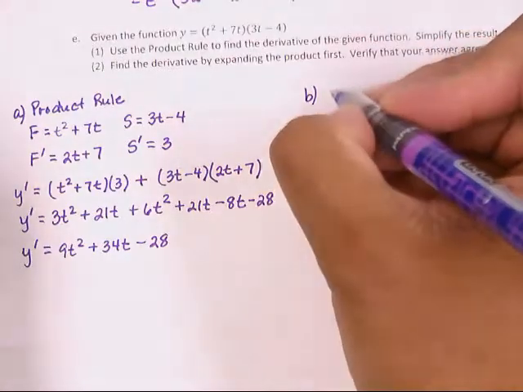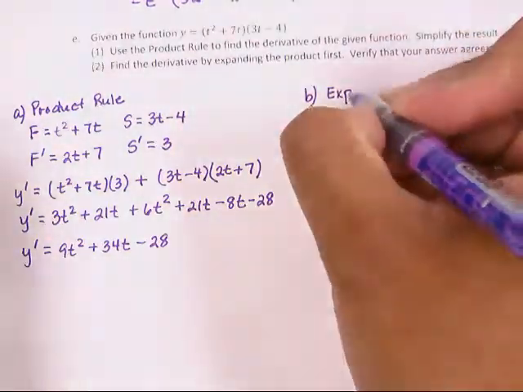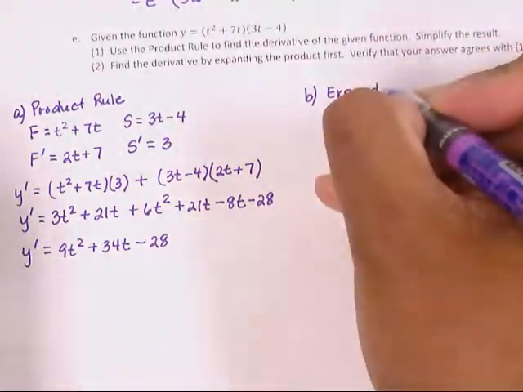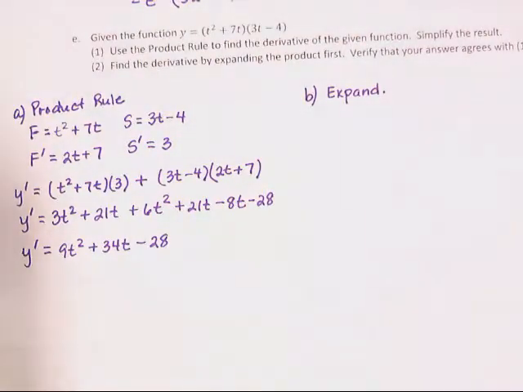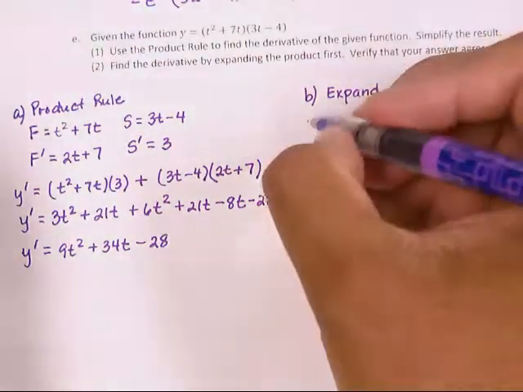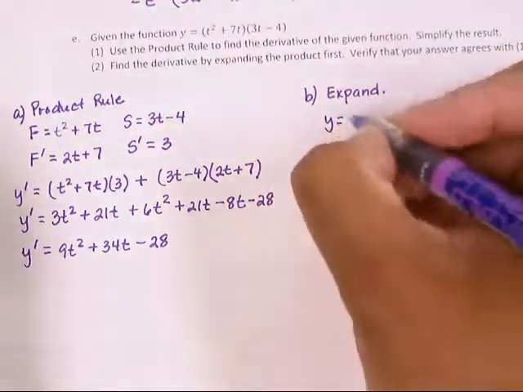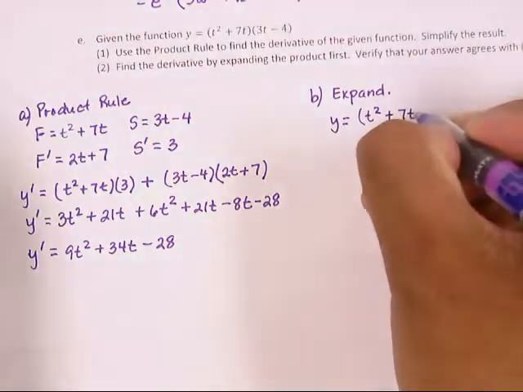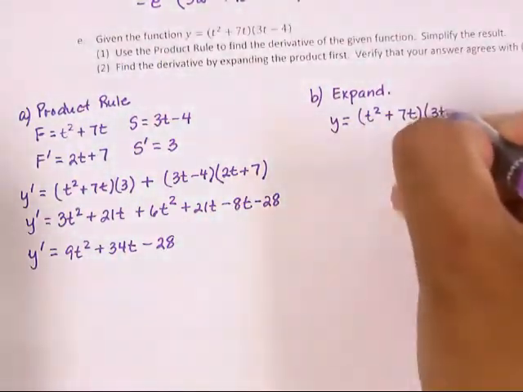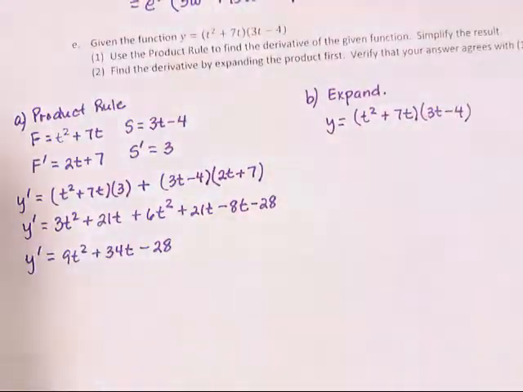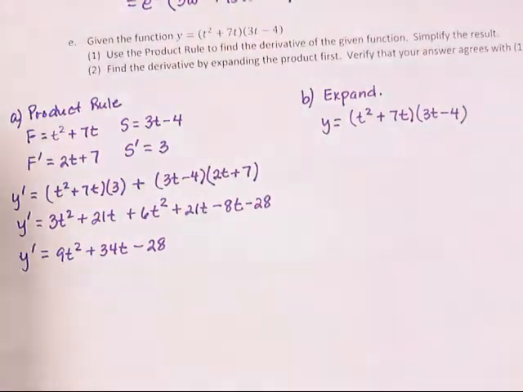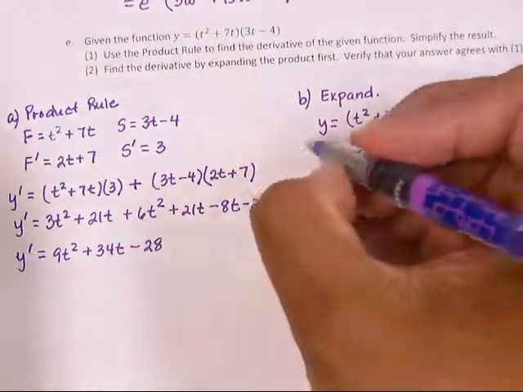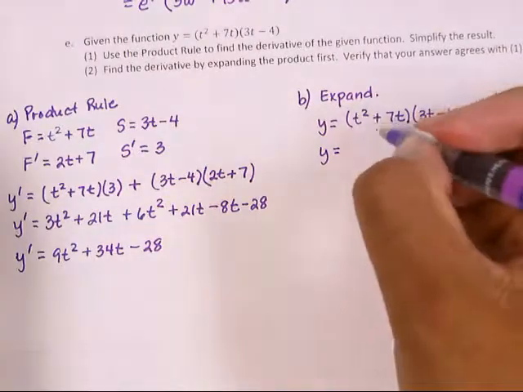Now let's try to expand this first and then take the derivative. So that's part B. So we got the y is equal to t squared plus 7t times 3t minus 4. Well, of course, we're going to use the FOIL method to expand this.